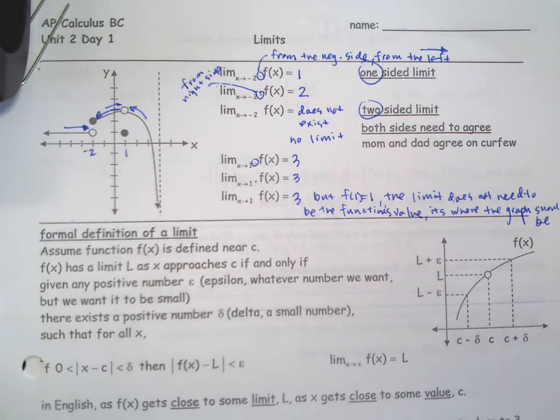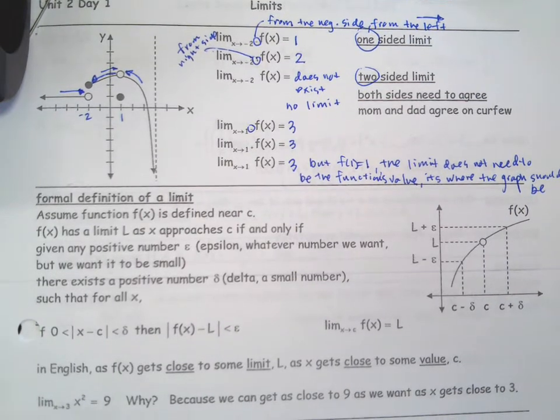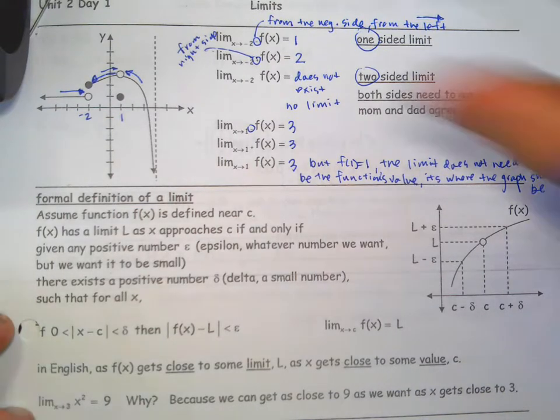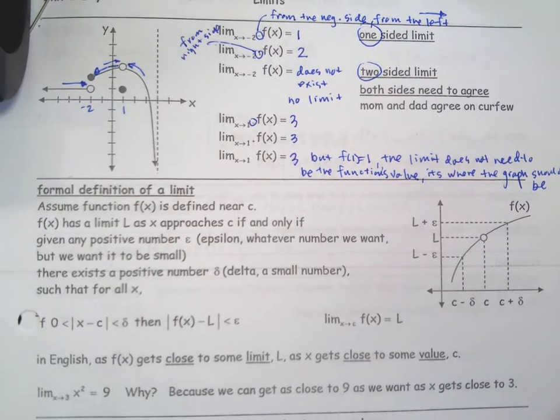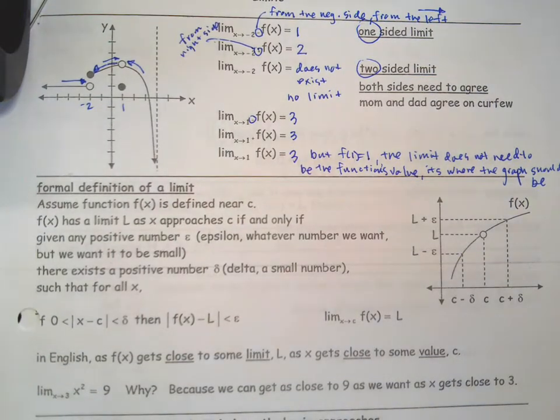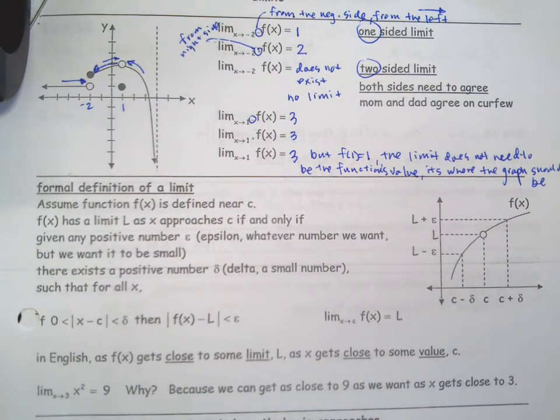So that's a basic, simple approach to limits. Now, there's a formal definition, which I avoided last year in Calc AB. I'll make an attempt to explain it. It takes this very simple idea and makes it seem much more complicated, but for mathematical purposes, it is a more precise way of defining this.